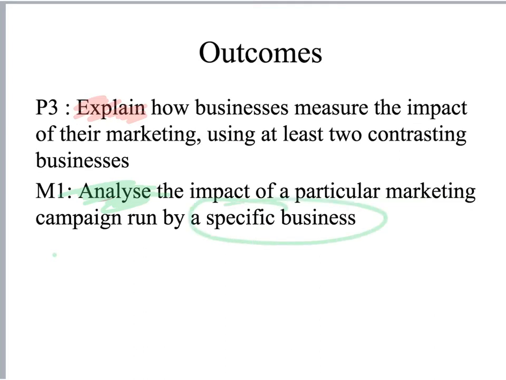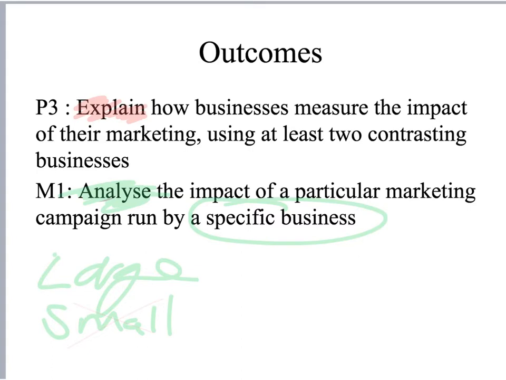Right. So you've got choices here. You can choose your large business that you did in P3. It's probably easier. I'd stay away from the small one because you won't have a lot of detail in there. So I wouldn't choose the small one.